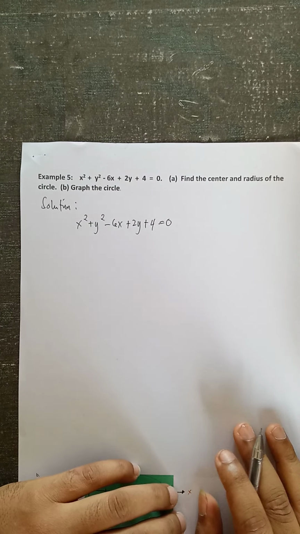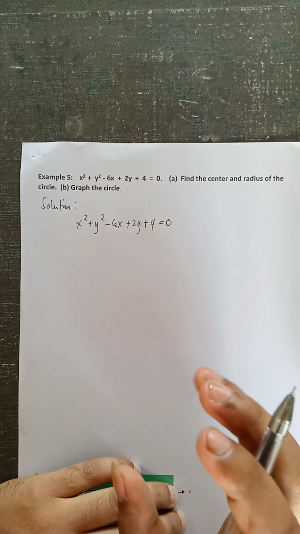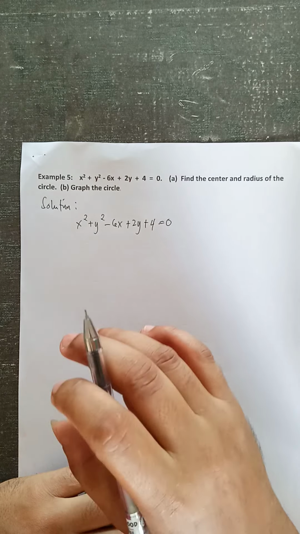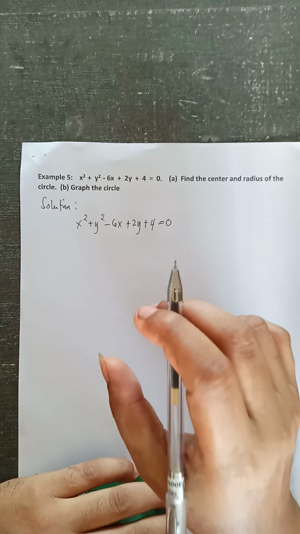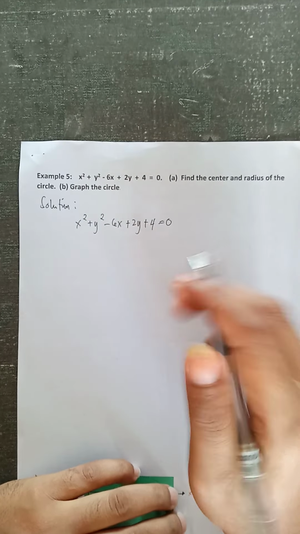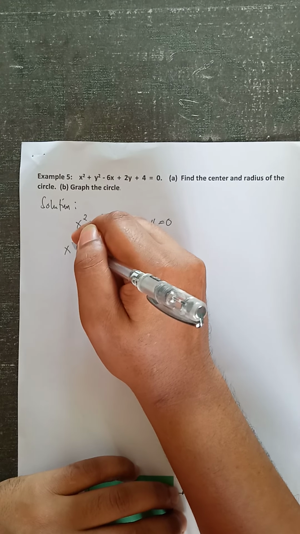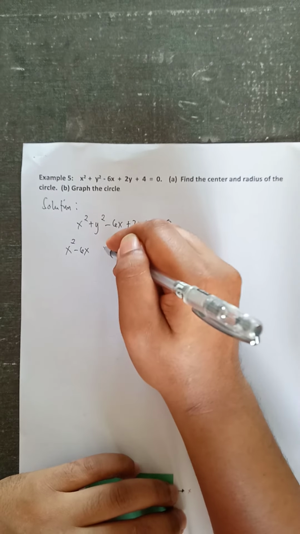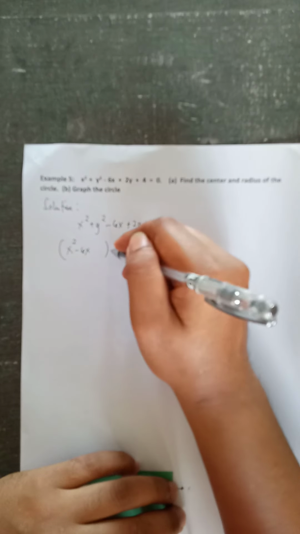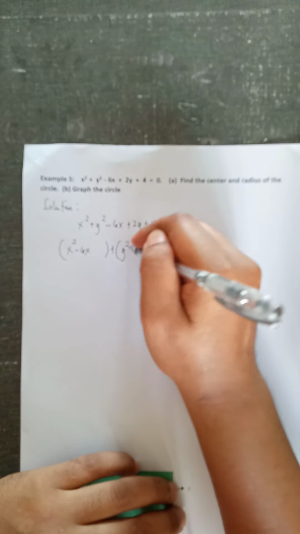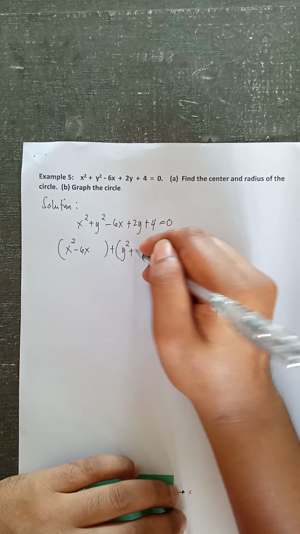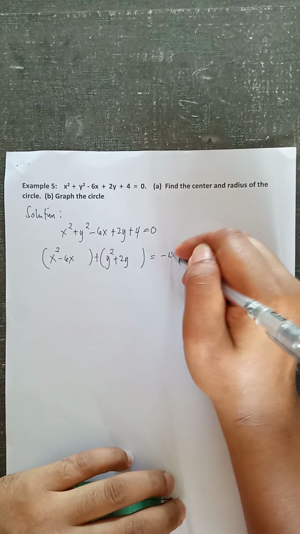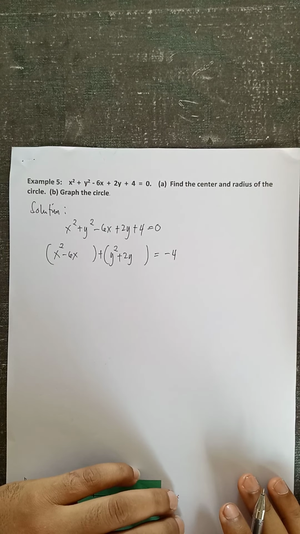So again, atong buhaton is to group those values of x, i-group pod ang values of y, and the constant will be transposed to the other side. So we have x squared minus 6x plus y squared plus 2y, that is equal to negative 4.